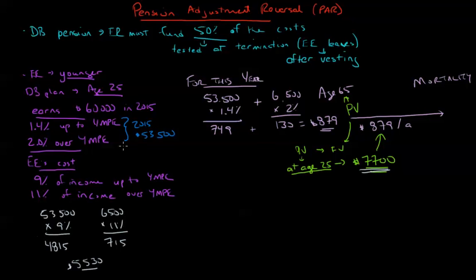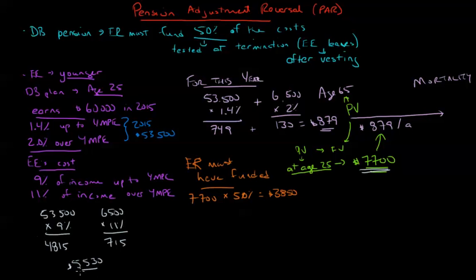So what has to happen here, remember, the employer has to have funded at least 50% of this. So the employer must have funded, we can take that $7,700 times 50%, and we can see that that's going to be $3,850. When they clearly haven't.